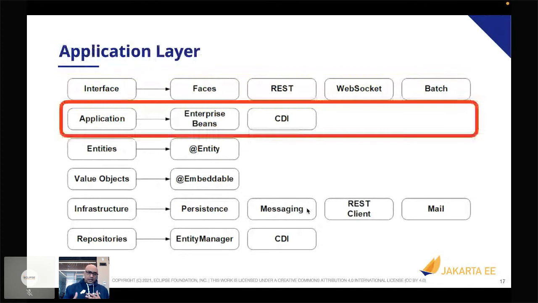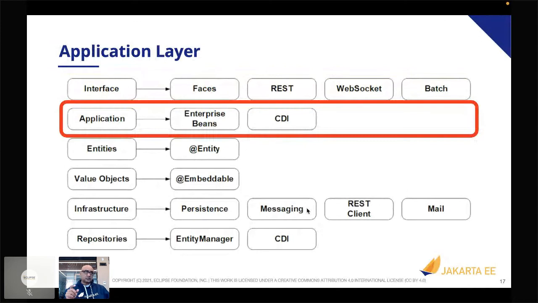Similarly, the application tier objects typically will be implemented either using EJB or enterprise beans or CDI. And enterprise beans in particular is a very good fit for the application tier, and we'll see an example of why that is. Basically, these application services, the methods in there, tend to model units of work or use cases in the application.